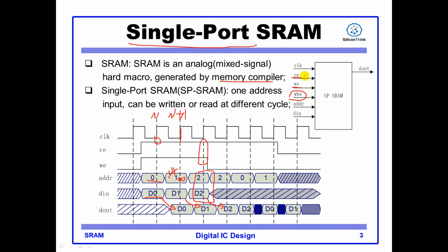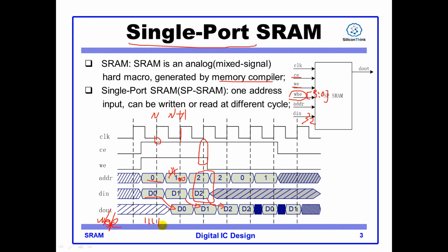For example, if D in is 32 bits and we have a byte enable of 4 bits, then if we set byte enable to hex F, at this cycle all 32 bits will be updated to address 0.